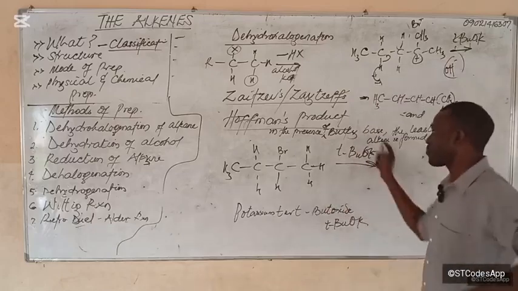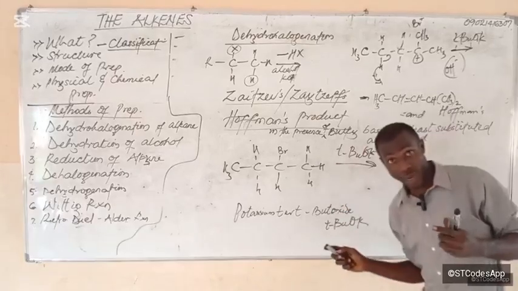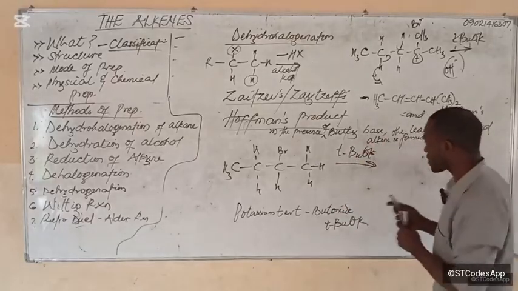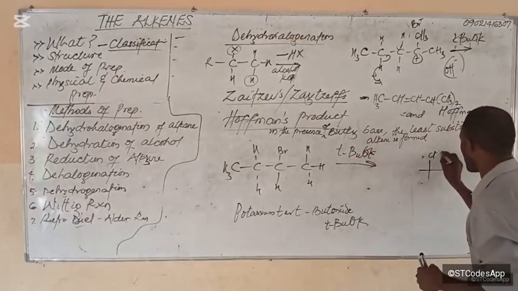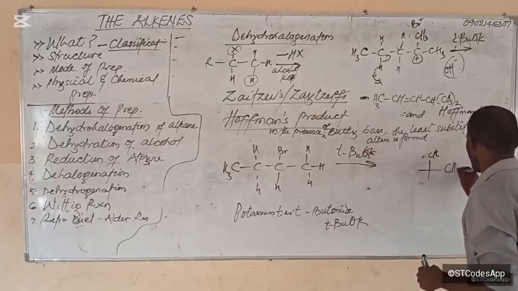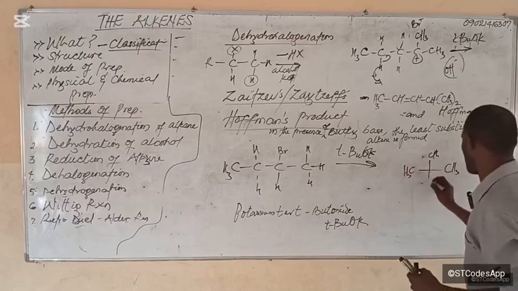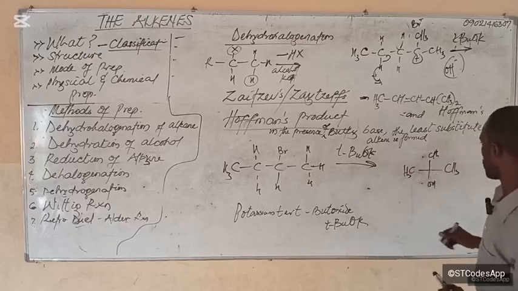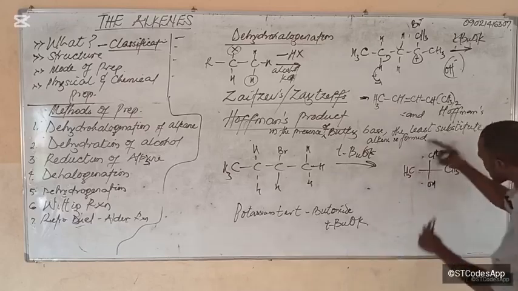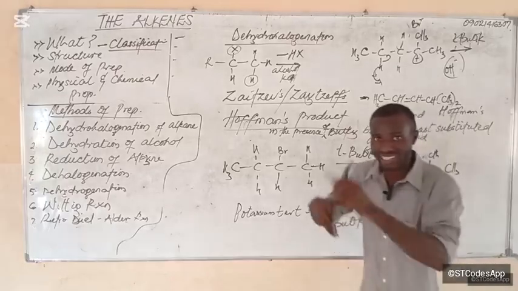If this was what? A bulky group, and I've explained why here, that a bulky group, tert butoxide, means there is CH3, and then there is 1, 2, 3 OH. So this has steric hindrance.